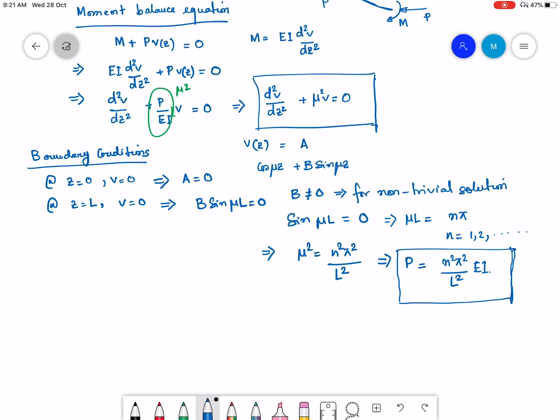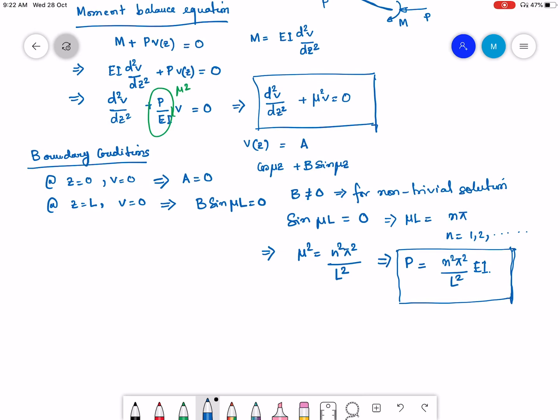Okay, so when P is equal to n square pi square EI by L square, only then is this system that we have drawn, a perfect column with an axial load and a small initial lateral displacement, going to have a solution.